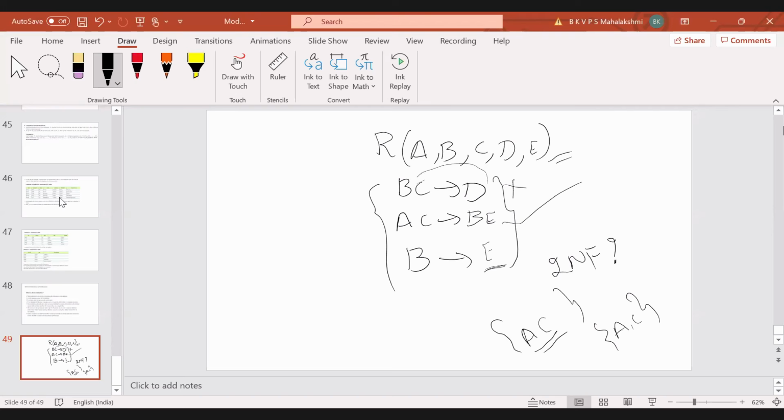Just note down these three and you check on your own. Just find out the closures. Take 5 minutes.